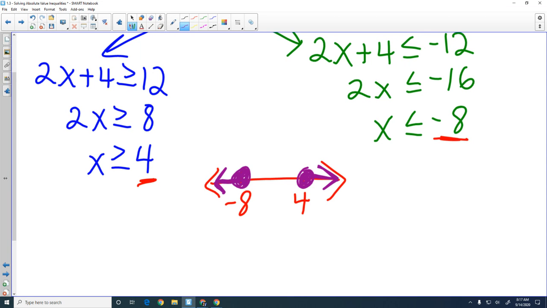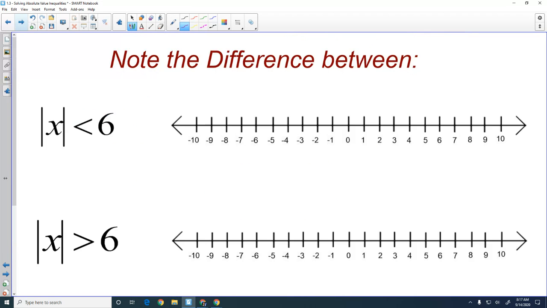I just have a few other reminders for you. And I want to kind of summarize a few things. So oftentimes, whenever you're about to graph your inequality, if you look at the symbol, you can actually already tell if it's going to be the bridge or opposite arrows.